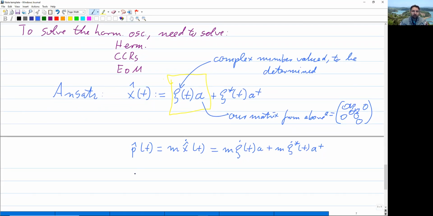Then what equation of motion is still left over? Well, remember that we have x hat dot is equal to 1 over m p hat.